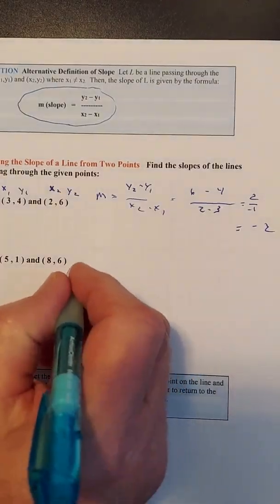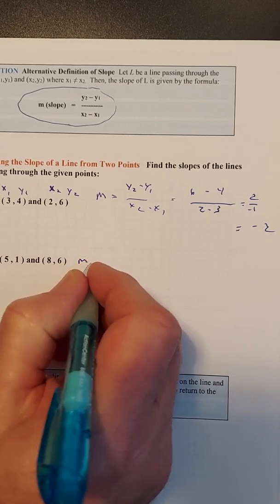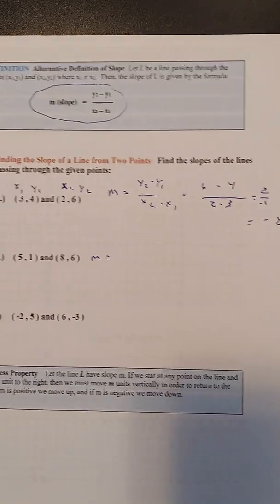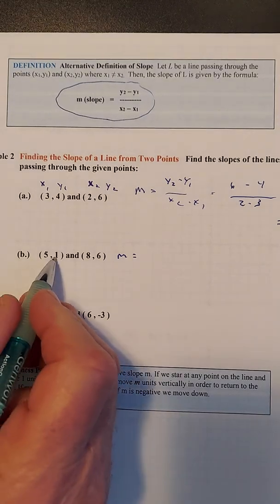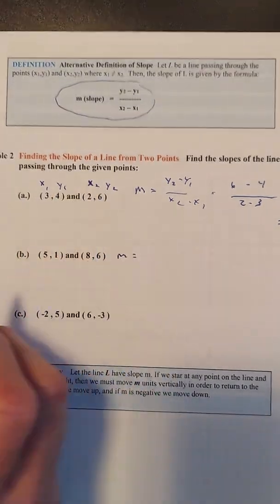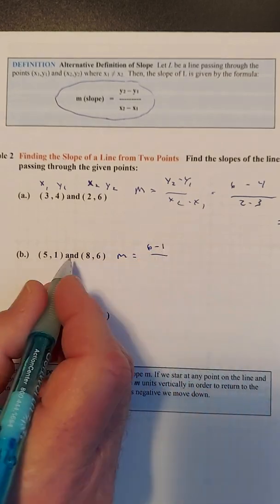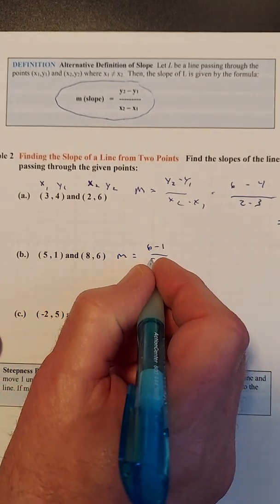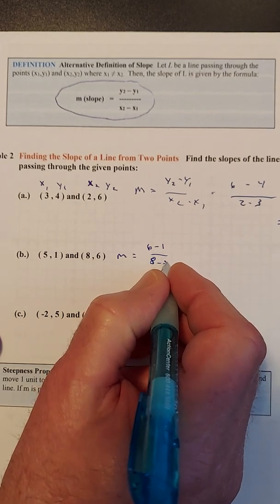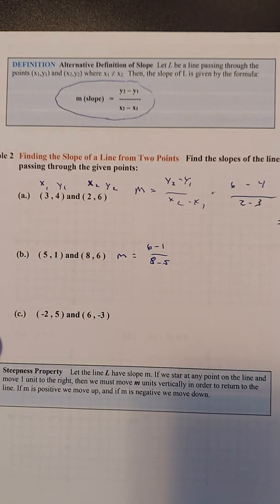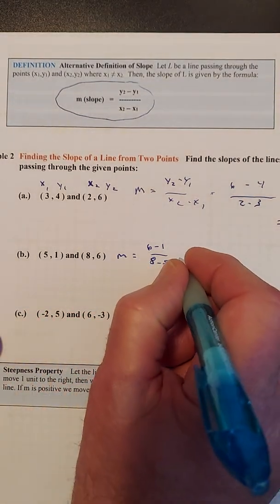Second one down here. Okay, so for the slope on this one, I'm not going to write the formula down. But here's x1, y1, same as that was, x2, y2. So it's going to be 6 minus 1 on top, and on the bottom, it's 8 minus 5. A lot of times people know the formula, and they go to put the numbers in, and they get the numbers in the wrong places, and that's why they miss it.